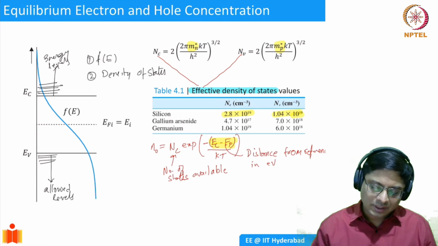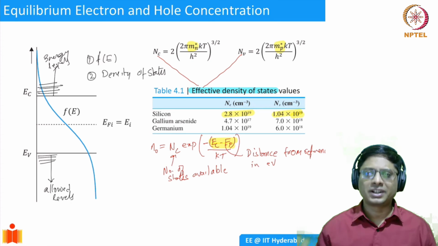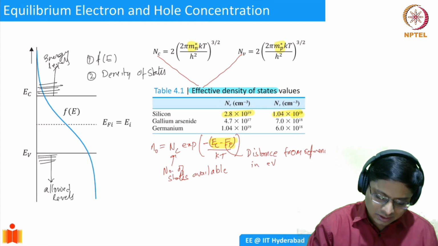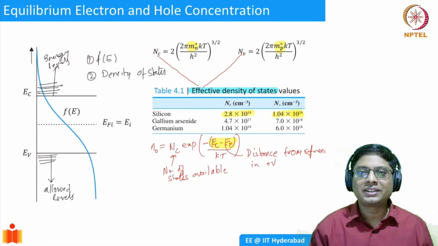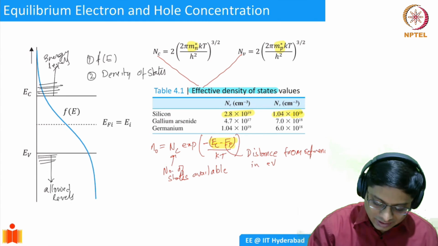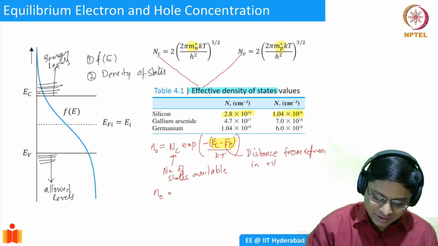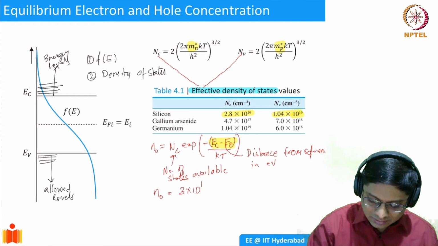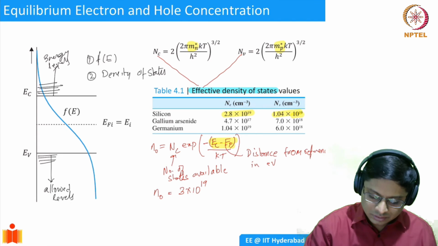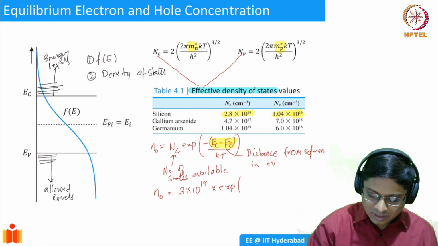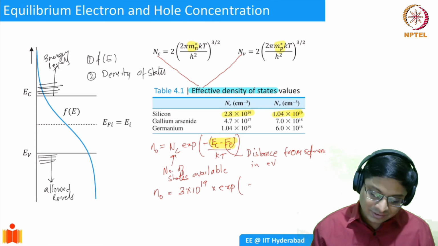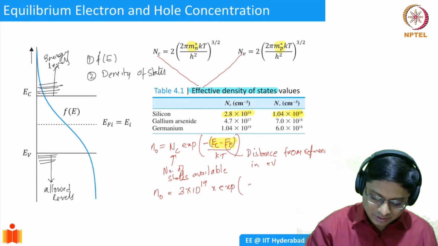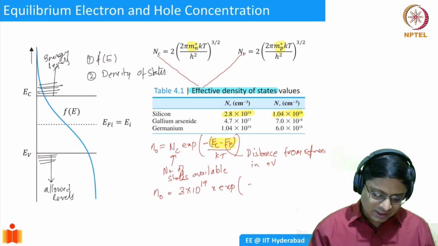Now let's consider the case of an intrinsic semiconductor. EF of an intrinsic semiconductor is at EI, so N0 is going to be NC, which we simply take as 3 into 10 power 19, into exponential minus (EC minus EF). EF is at EI, in the middle of the band gap, so this is minus EG by 2.